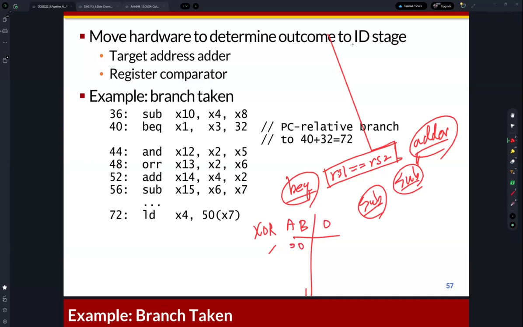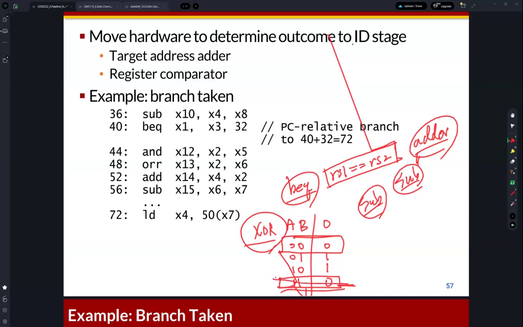Why? In the exclusive OR gate, this is A, B, and this is the output. A and B: 0 0, 0 1, 1 0, 1 1. What is the output of the exclusive OR gate? This is 0, 1, 1, 0. So you can observe that if the two inputs are the same, then the output of exclusive OR is 0.